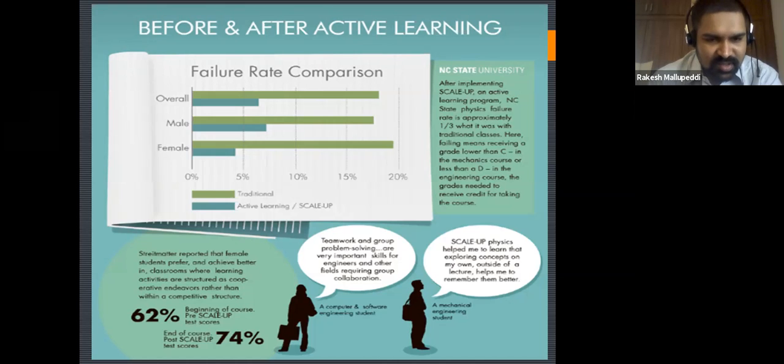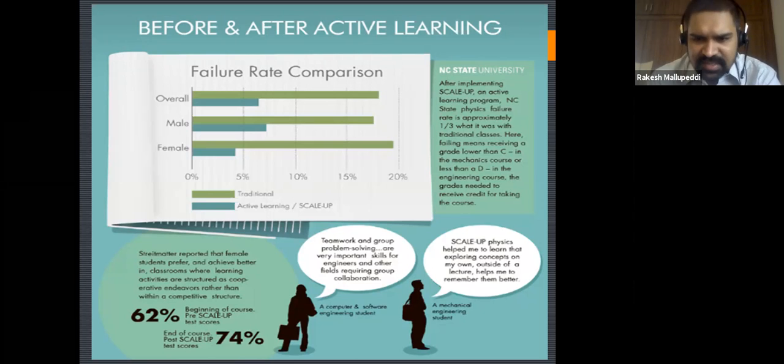The pre-SCALE-UP test scores at the beginning of the course are 62%, and at the end of the course it moved up to 74%. So all round there is a higher success rate with active learning.